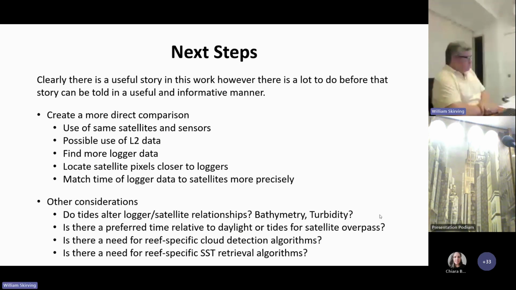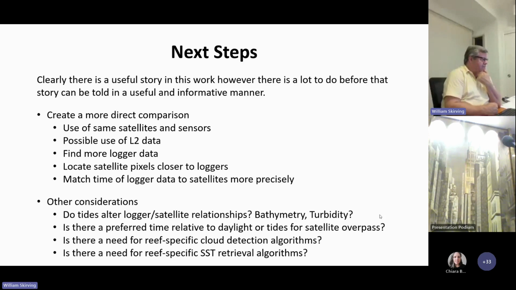And to do that, we need to create a better comparison. So in other words, we should be using the same satellites and same sensors. We should be maybe moving to level 2 data so that we get the exact same pixel and retrieval times. We need to look for more logger data, and indeed I have a lot more logger data that we can play with.